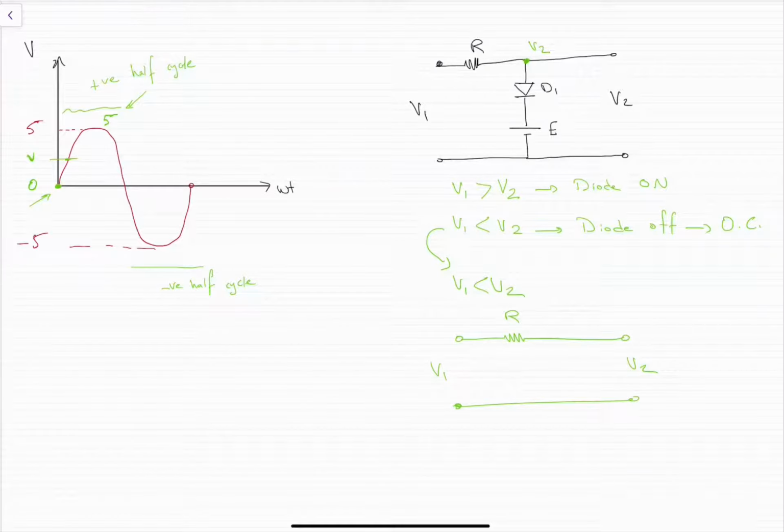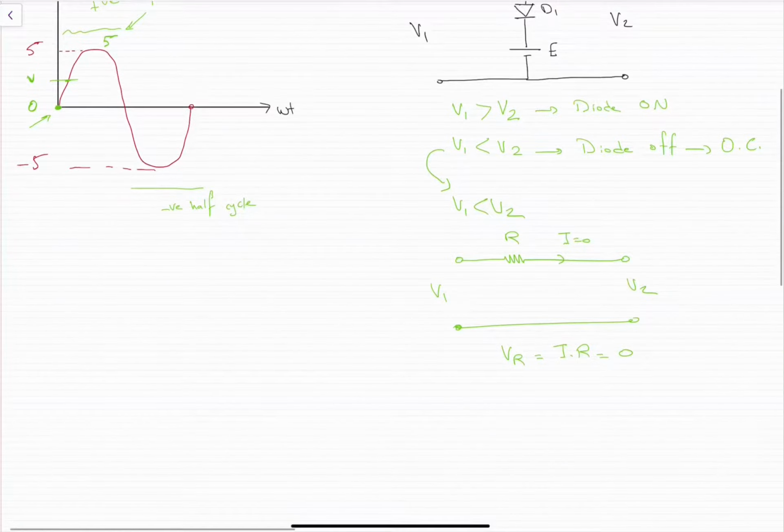With an open circuit on the V2 side, the current flowing in this circuit is 0. So the voltage of the resistor is I dot R, which is 0. So applying a KVL, we see that V1 equals V2.